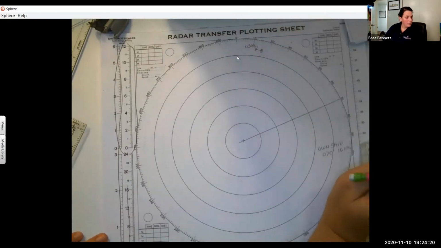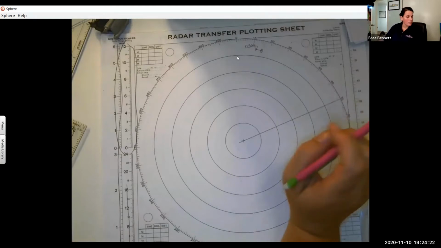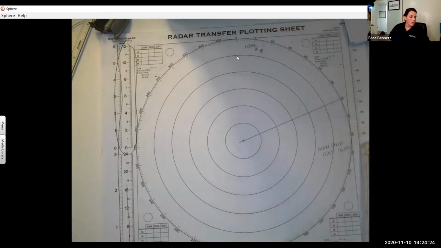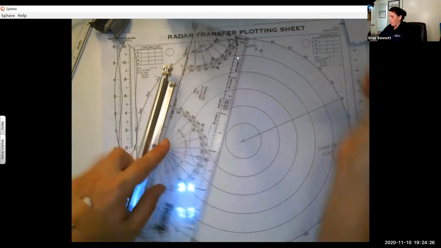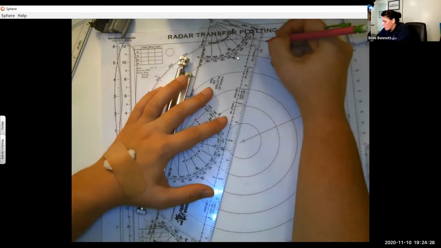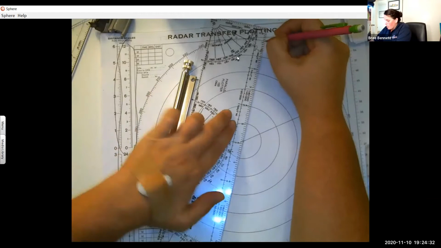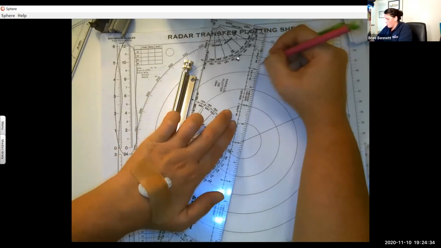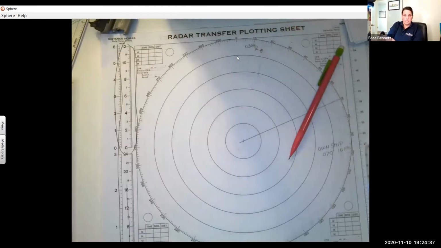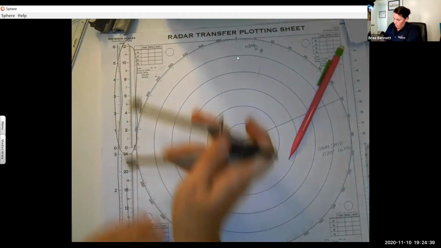Then 6 minutes later, the target was observed bearing 016 at 8.3. So I'm going to find 016 at 8.3.